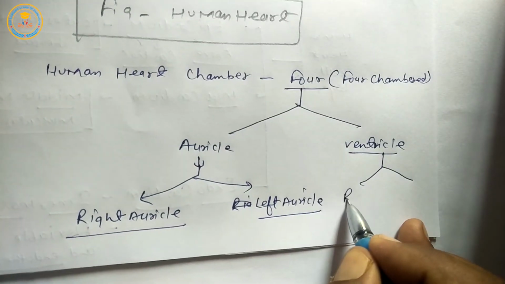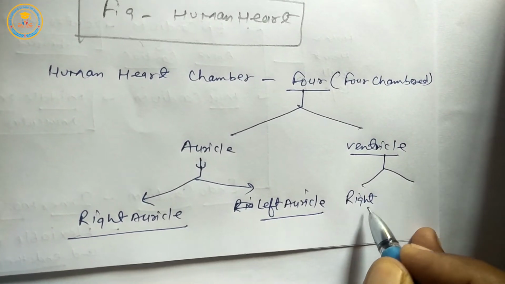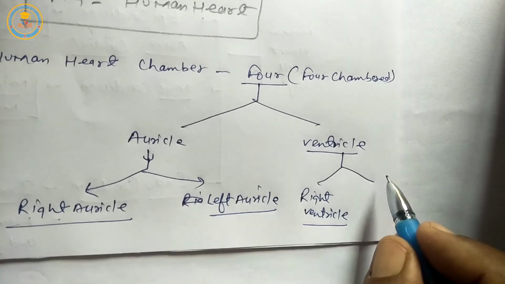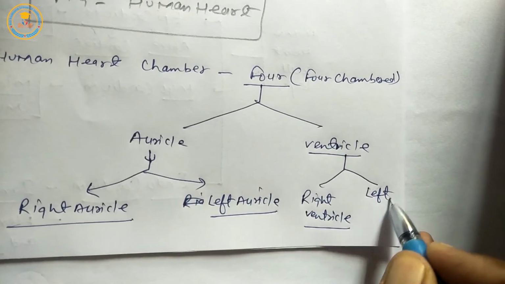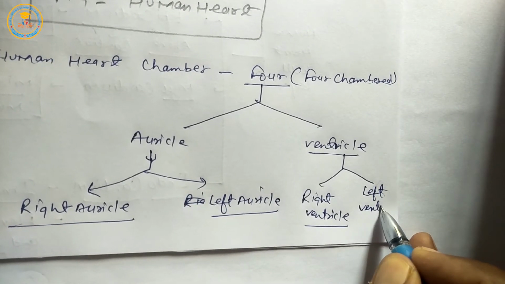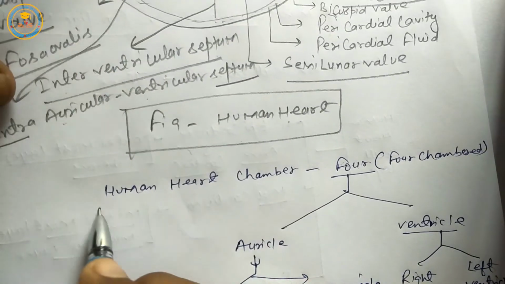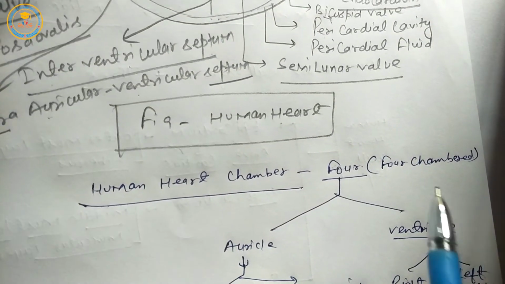Ventricle, first is the right ventricle located in the below right side, next is the left ventricle located in the below left side. First is chamber, the human heart is completely 4 chambered.